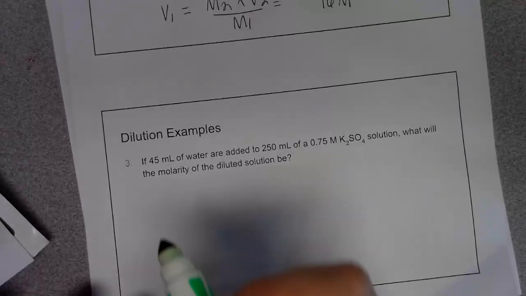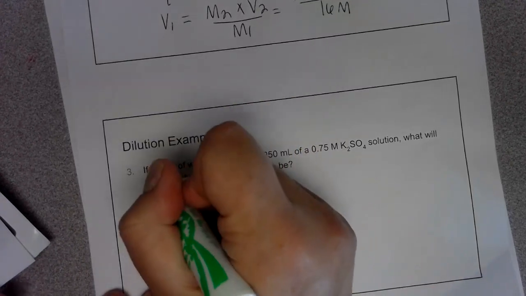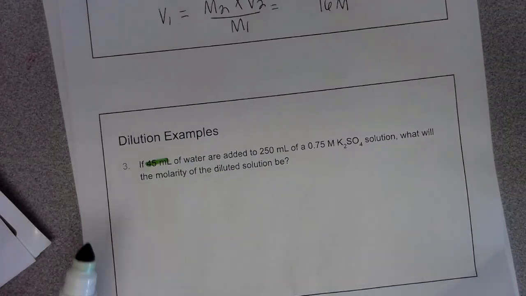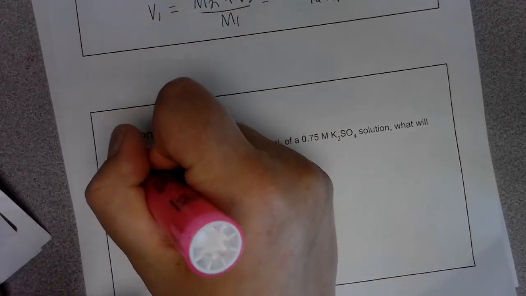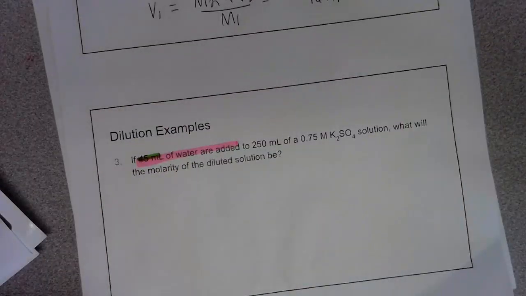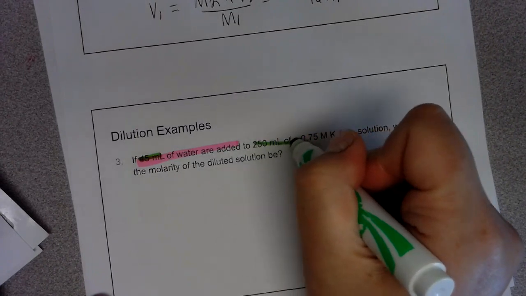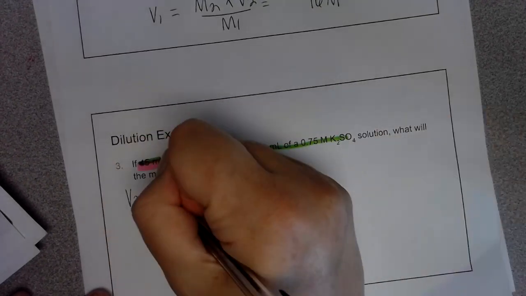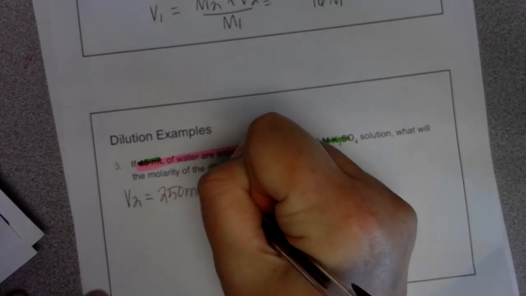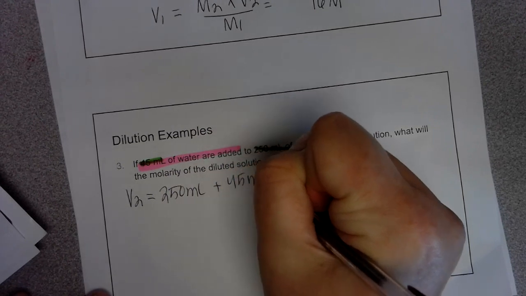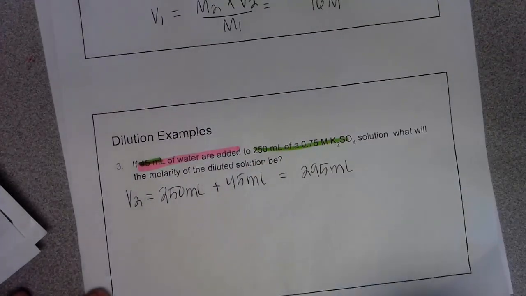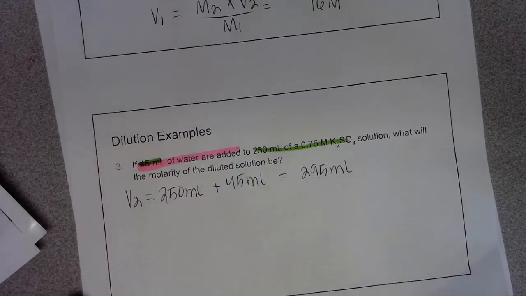So I have 45 milliliters of water added to my original solution. Since I'm adding water, my V2 is going to be 250 milliliters plus 45 more milliliters, so 295 milliliters is my V2. And I'm solving for my new molarity.